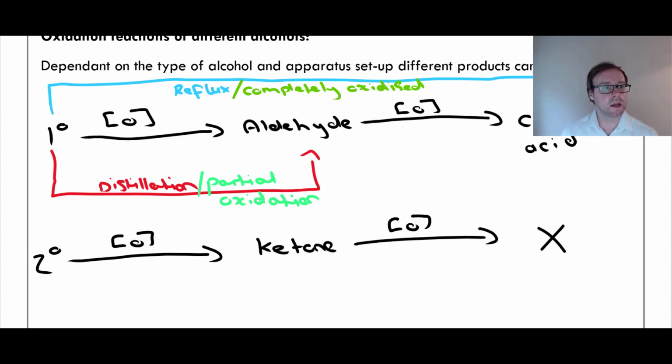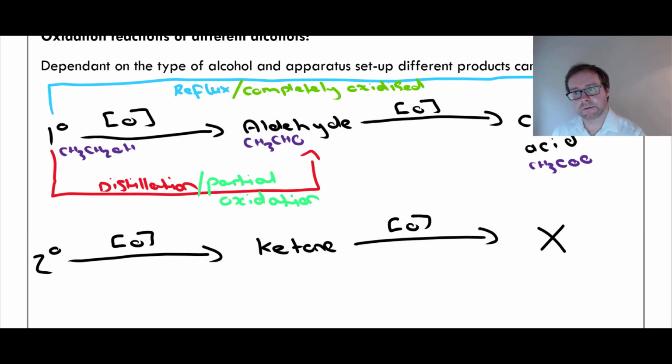relate back to them. So if I use ethanol, I will get this product, or this, dependent on what type of setup I have, reflux or distillation.